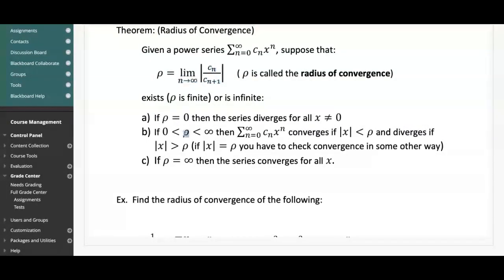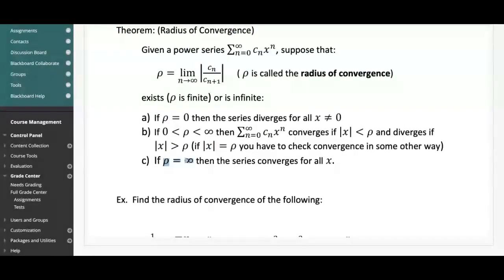If the radius of convergence is greater than 0, a positive number, but less than infinity, which means it is a finite number, then the series converges if the absolute value of x is less than rho. Right? This is all from calculus 2. And it diverges if it's greater than rho. If it equals rho, we have to check the convergence some other way.